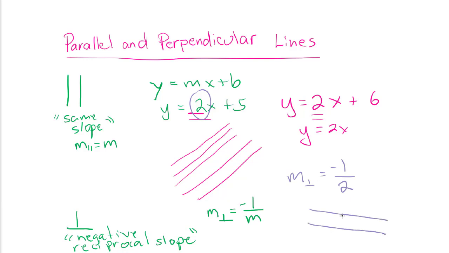There are infinitely many lines that are perpendicular to the original line. y equals negative 1/2 x plus 5. y equals negative 1/2 x with no intercept, and so on and so forth.